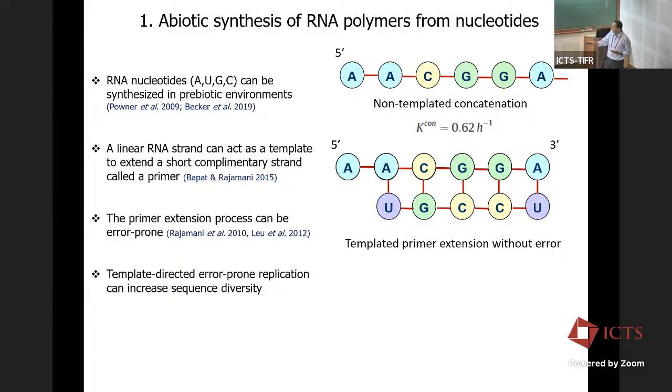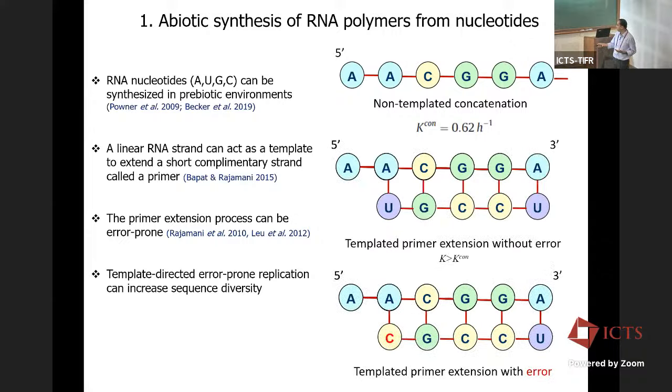The primer gets extended, and so a complementary copy of the original template is produced if there are no errors during the incorporation of nucleotides. So a new nucleotide can get added, and so on. But a primer extension is not without errors. So errors creep in. A wrong nucleotide gets attached here, leading to a mispairing, and that can affect the sequence of the primer that is produced from the template.